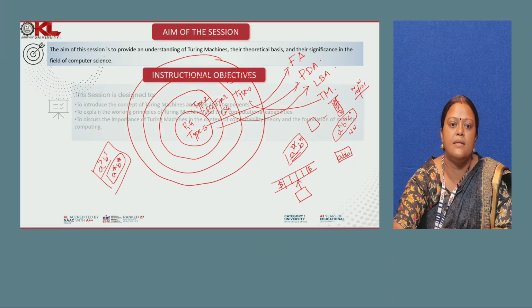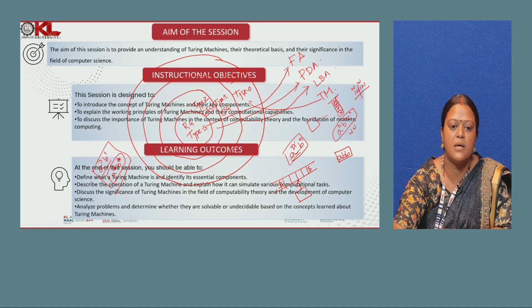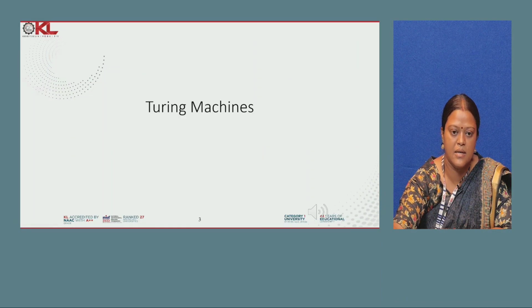These are the instructional objectives and learning outcomes. By the end of this session, we will be able to define what a Turing machine is. We will see some Turing machine examples, the operations of the Turing machine, and how it simulates the behavior of computational tasks.